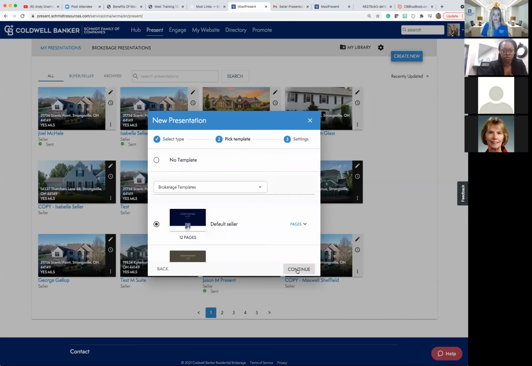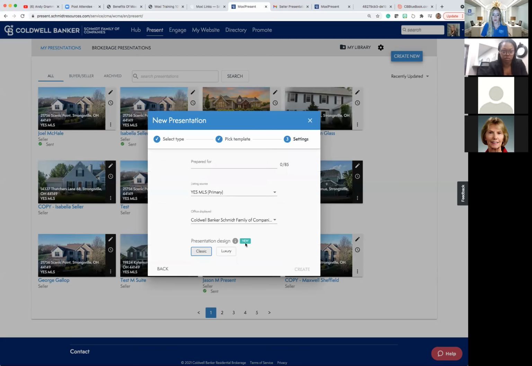Now we're going to decide whether we want it to be a blue Coldwell Banker residential presentation, if you're Century 21, a gold branded presentation, or if you're luxury, we have a new option now that lets us select a luxury template that looks just like our luxury option. I'm going to keep it on default seller. Click continue.